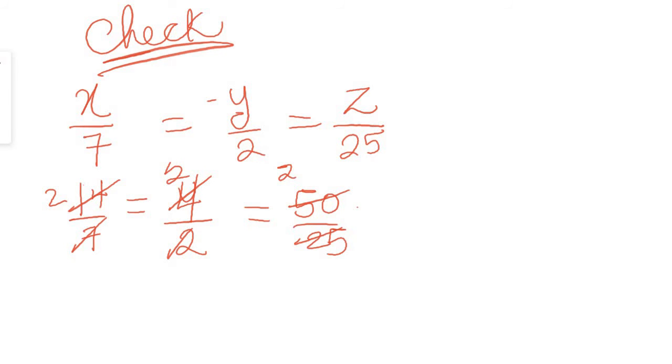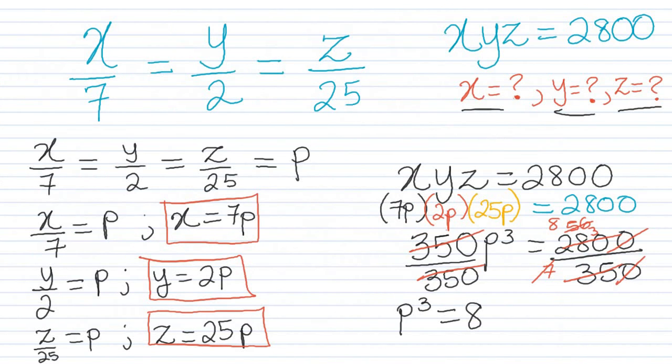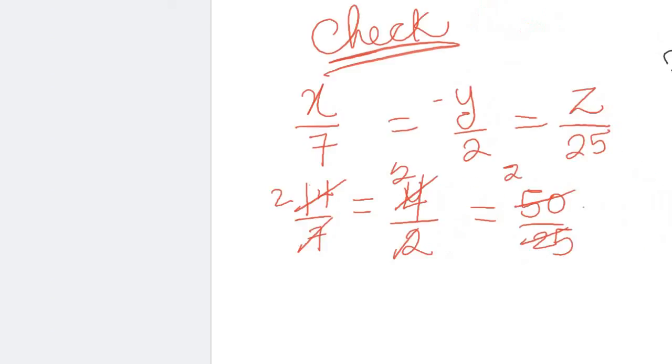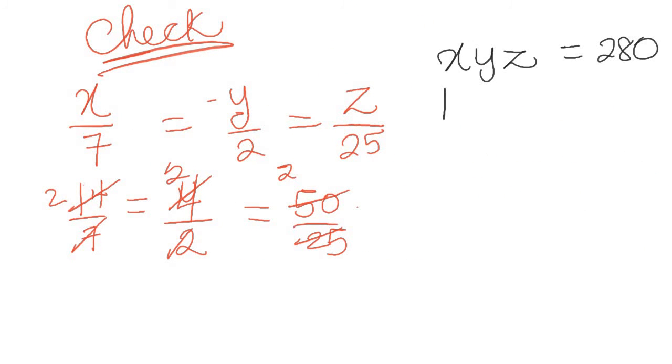You could also try the XYZ equation to do the check. What is the XYZ equation? The XYZ equation says 2800. So x, which we know our answer to be 14, y, which is 4, and z, which is 50. We multiply what is on the left hand side, and it has to give us 2800. If it does not give us 2800, that means we've made a mistake either in the way we solved, or our method is not correct, and hence we cannot use the method to successfully solve the question.